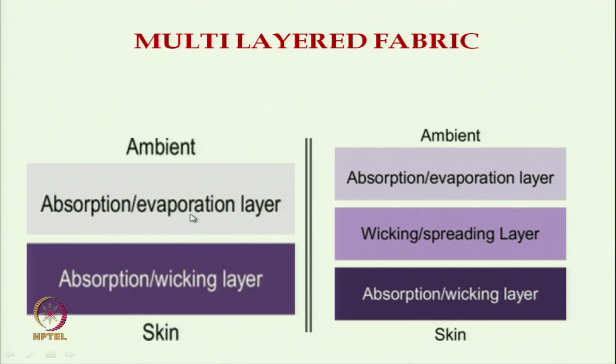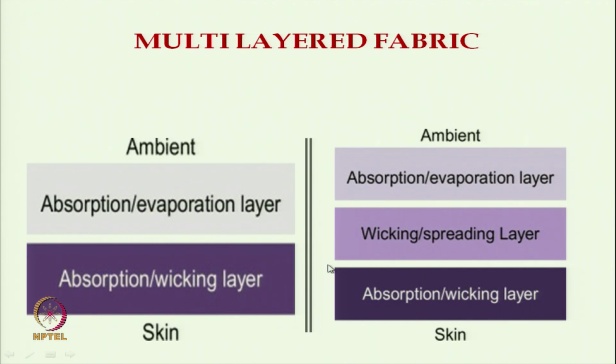So, a two layer structure is there. Here the inner layer is the absorption layer and the next layer is an evaporation layer which will absorb and evaporate. Sometimes a spreading layer is also required, but here we try to use only two layers.